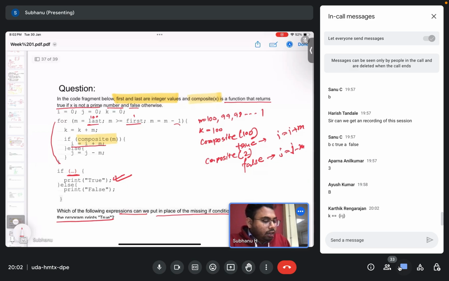If it is not a prime number, then you will get an increase in i. If it is a prime number, then you will get a decrease in j.